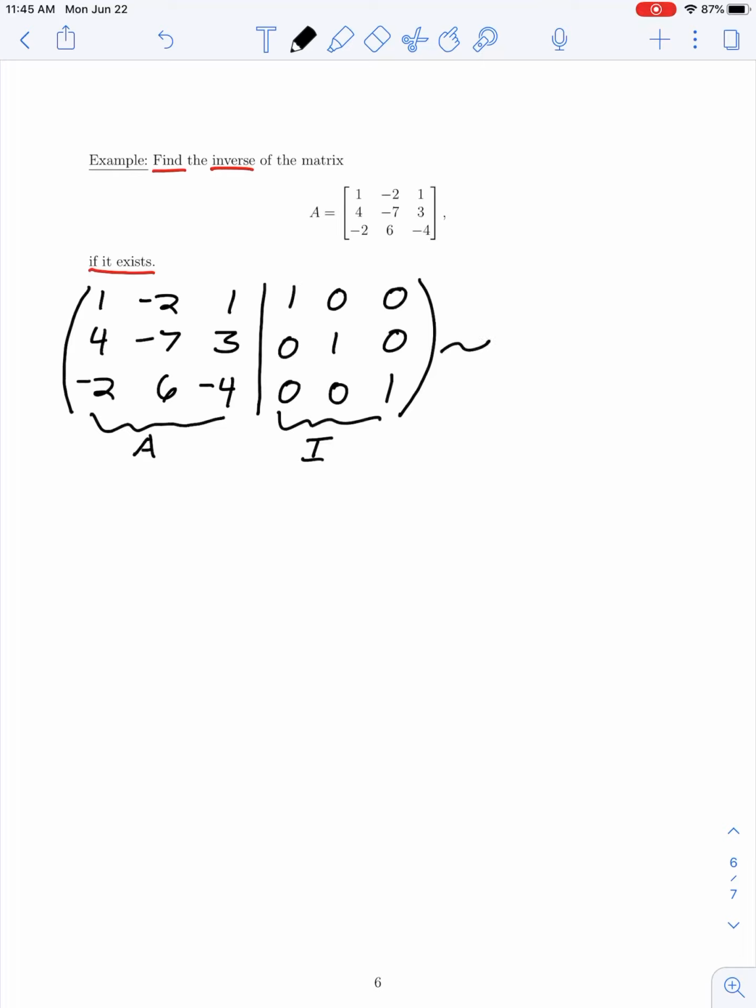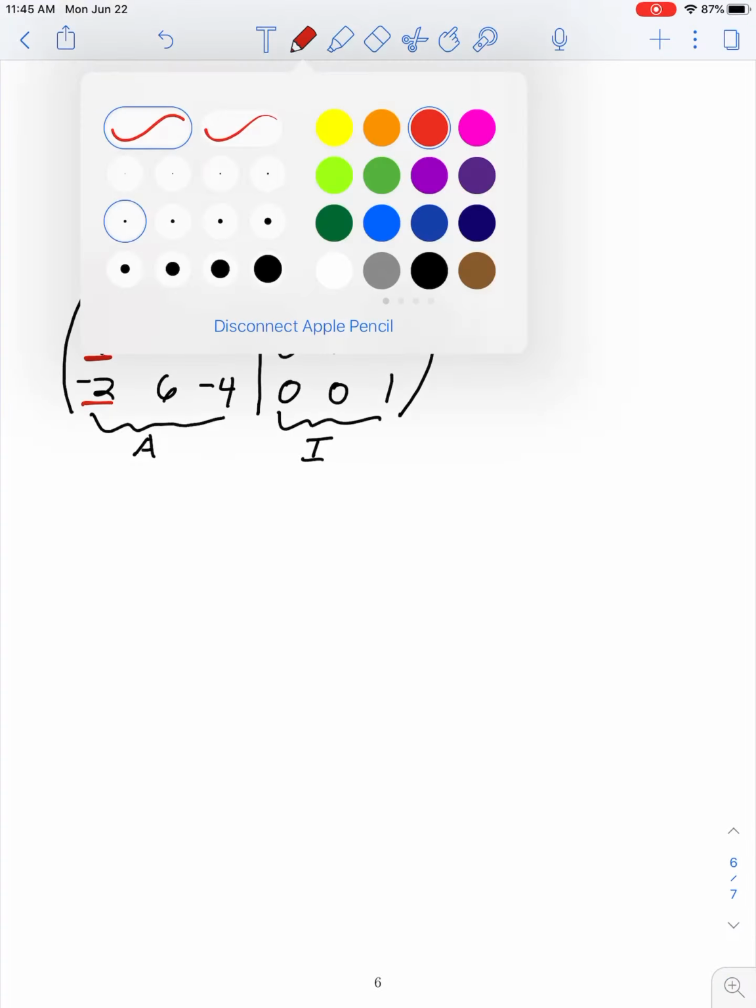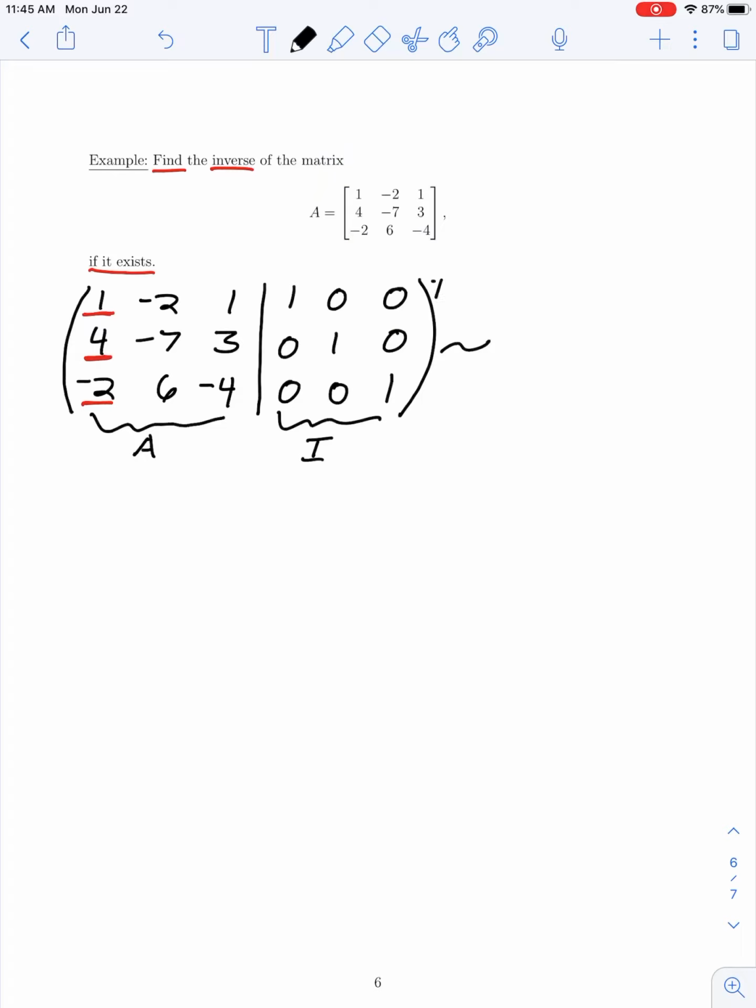So let's see what we can do here. In my first step, I already have a leading entry of 1 in the first row. I want to eliminate the 4 and negative 2 that appear below it. So to eliminate the 4, I could take row 2 minus 4 times row 1. For now, I'm going to leave my first row alone.